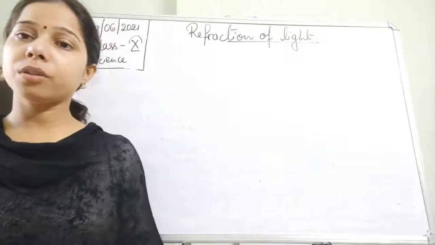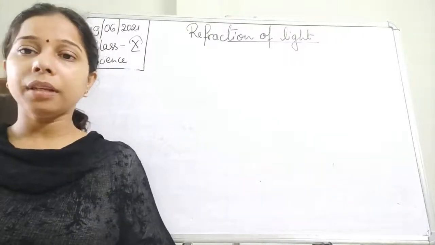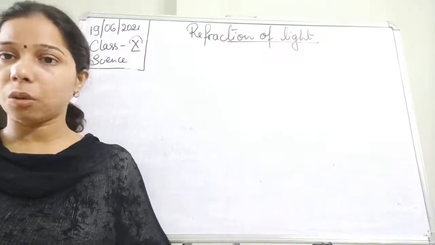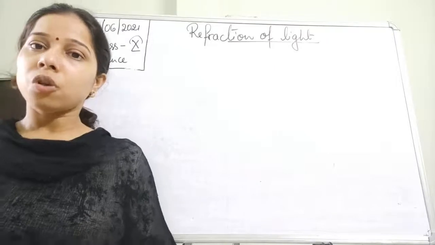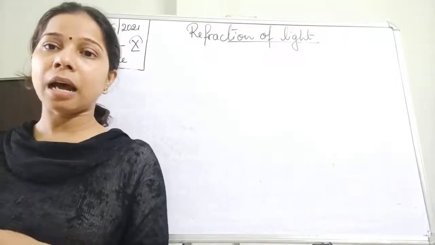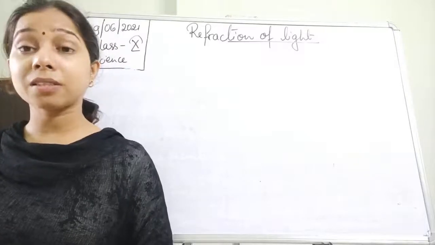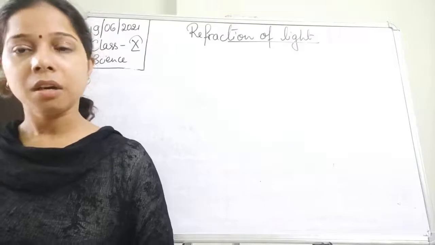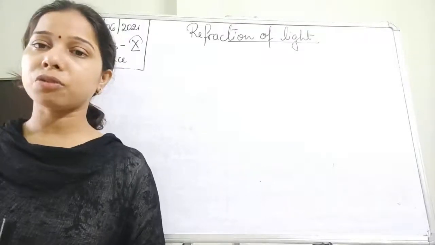Then we have also seen what will happen when we keep the object at different positions, and what kind of image we get from it. In case of a convex lens, we have seen 6 conditions and we kept the object at 6 different positions, and on the basis of that we found the exact image. But here in this case it is not like that.